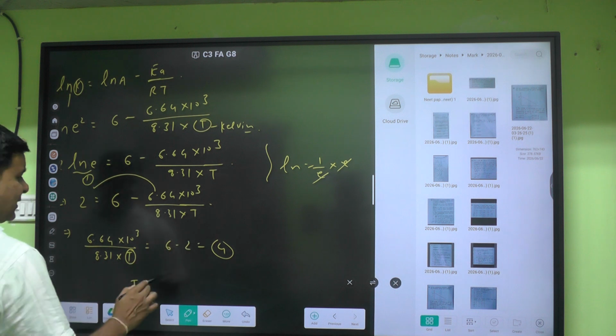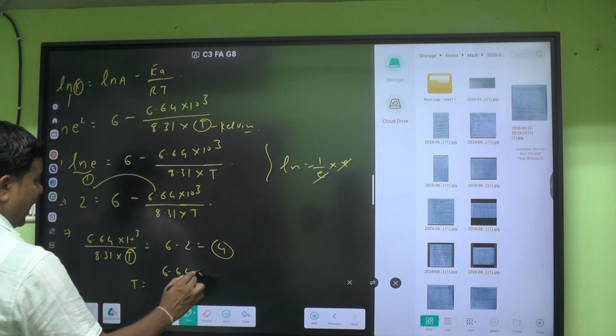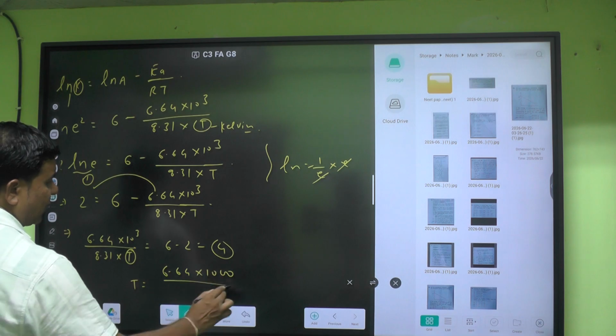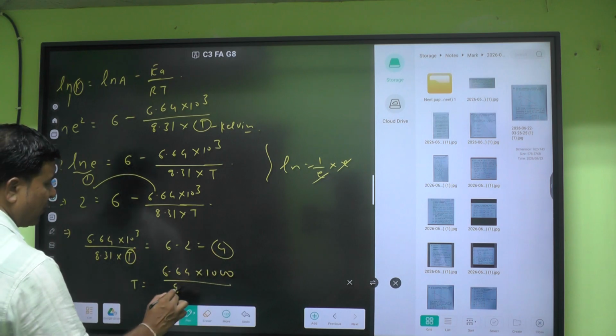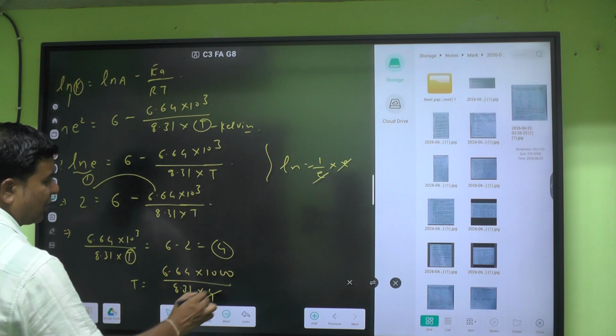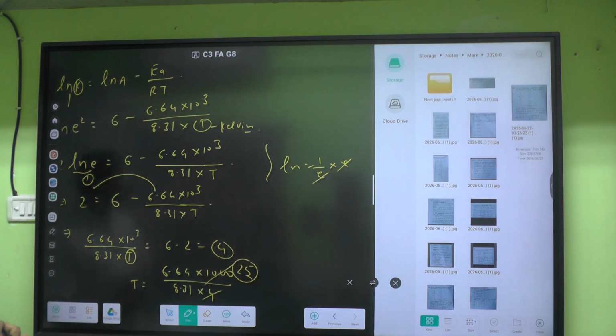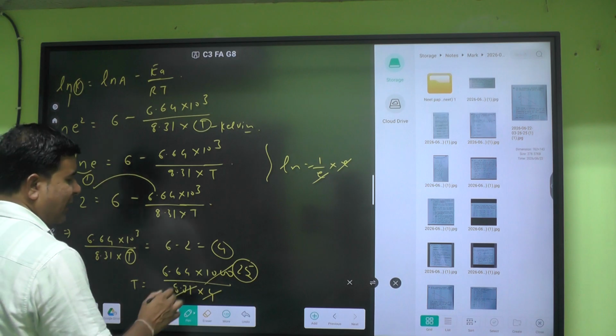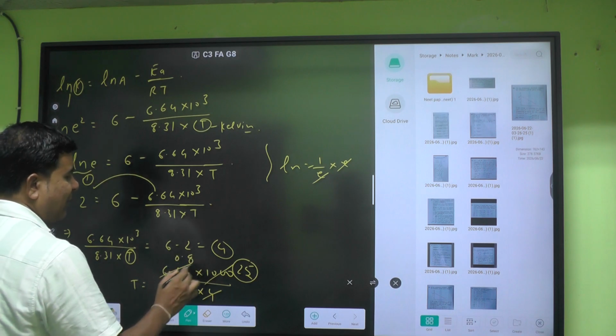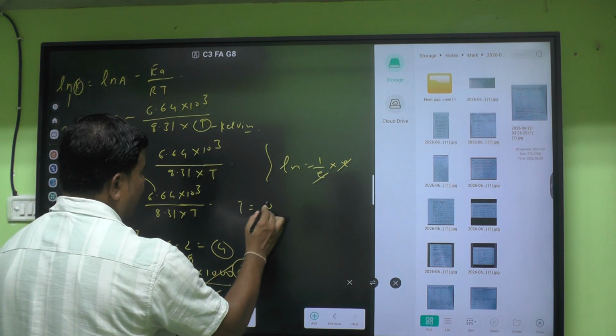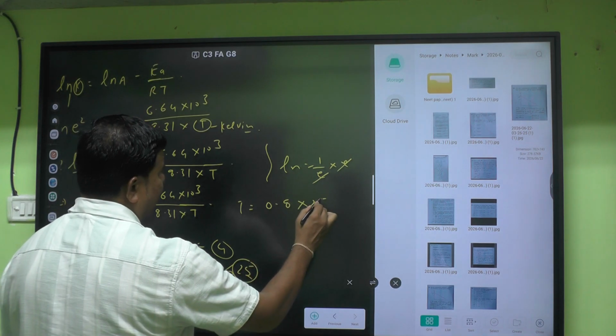So T equals 6.64 into 10 to the power 3, meaning 1000, divided by 8.31 into 4. 1000 by 4 is 250 times, or rather 25 times after scaling. After that, 8.3 gives 0.8 times, so multiply 0.8 by 25.